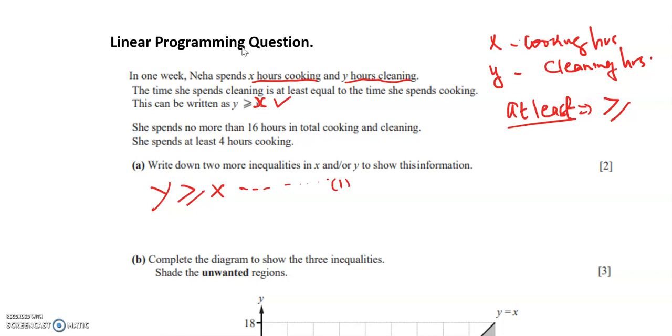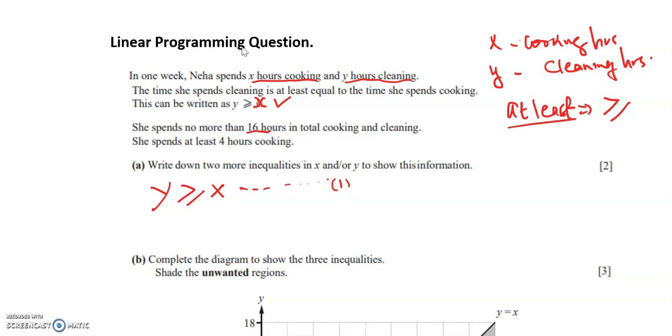Now, she goes ahead. She spends no more than 16 hours in total cooking and cleaning. So if she spends X hours cooking and she spends Y hours cleaning, then the total time should not be more than 16 hours.